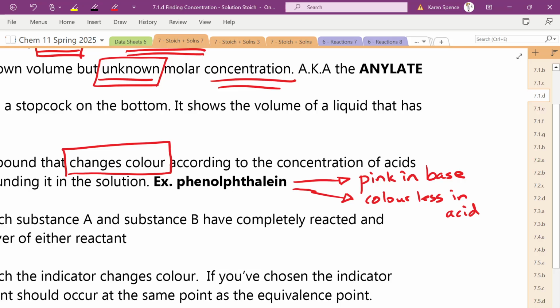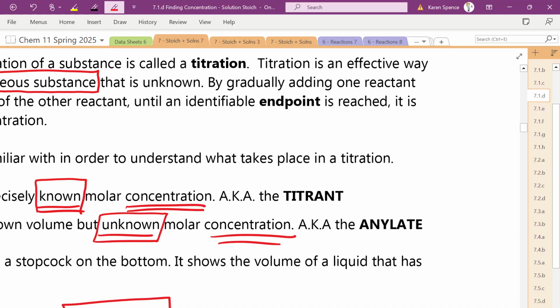So that's an indicator. You're going to be reacting an acid with a base, and you'll have an acid in your container with the phenolphthalein in there. If it's an acid, it will be colorless. You're going to add base, add base, add base, until the acid is completely neutralized.